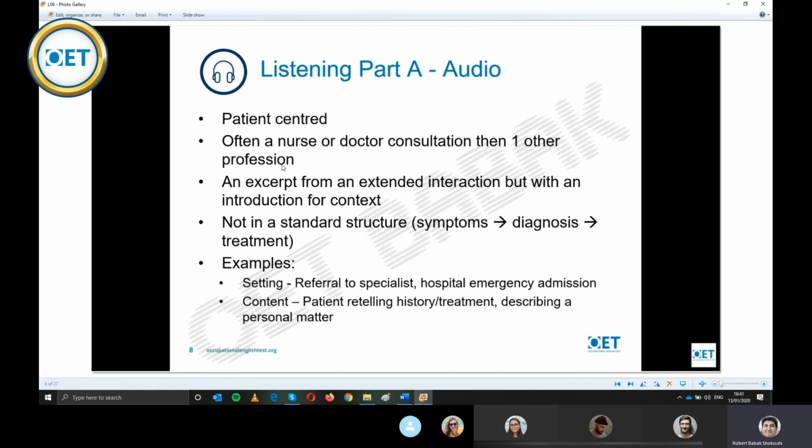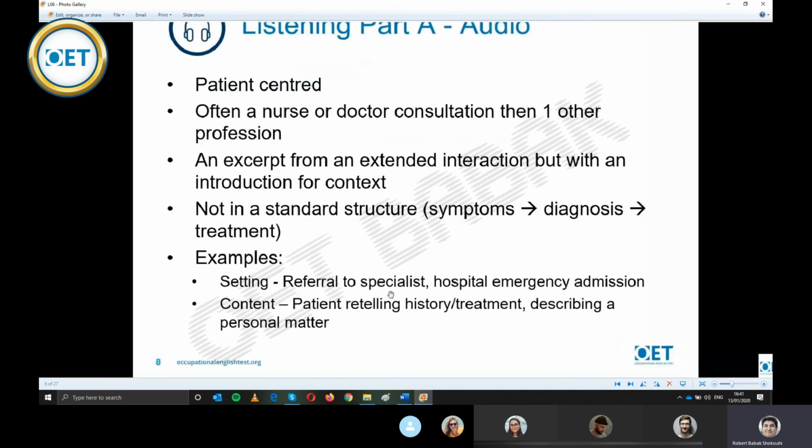It's usually an excerpt from an extended interaction, so it might be part of a bigger interaction like a consultation, but just part of it. You don't get a structure like symptom, diagnosis, treatment. It's not a full consultation. Examples: referrals to a specialist, hospital emergency admission, a patient retelling their history or treatment or describing a personal matter.